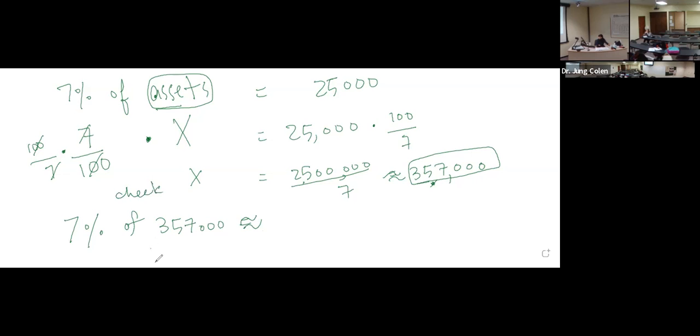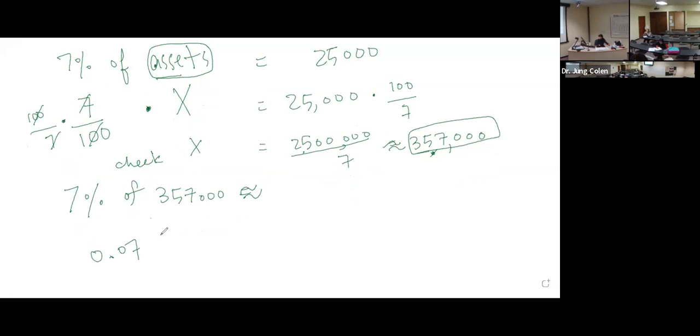So let's see. 7% is 0.07 or 7/100 times 357,000. I can divide both numerator and denominator by 100. And what is 7 times 3,570?